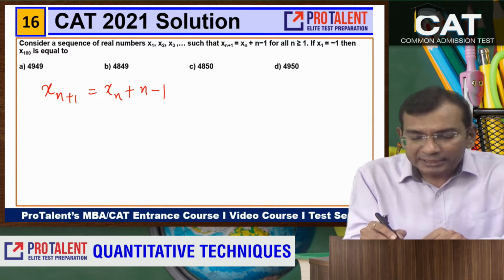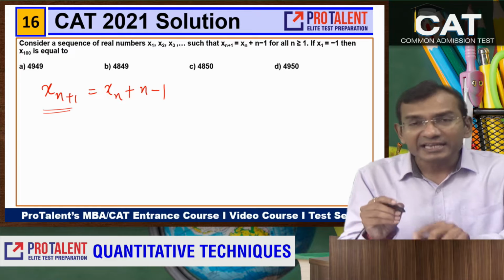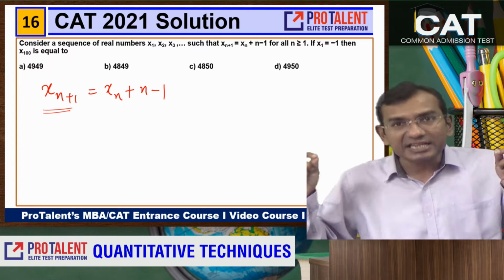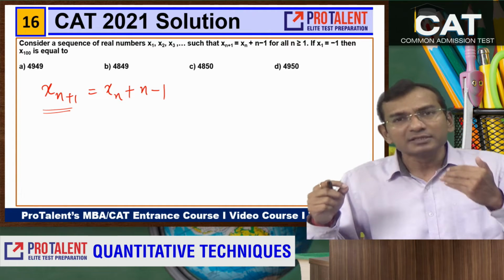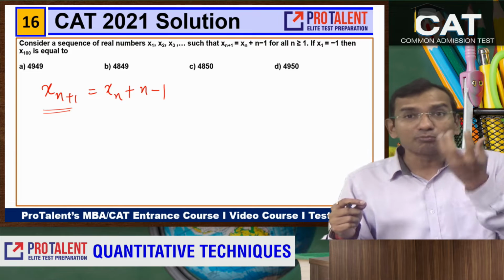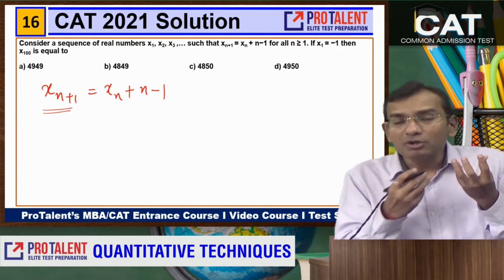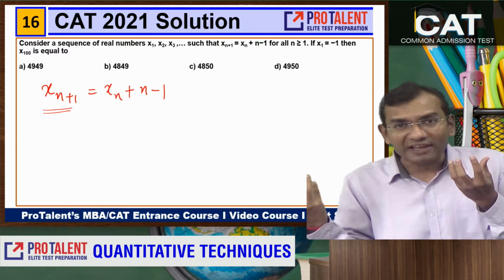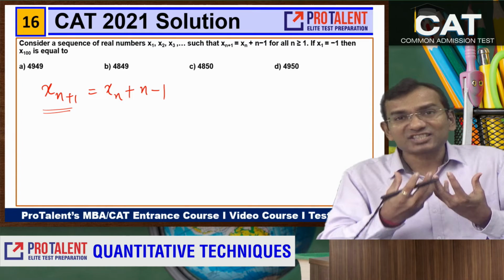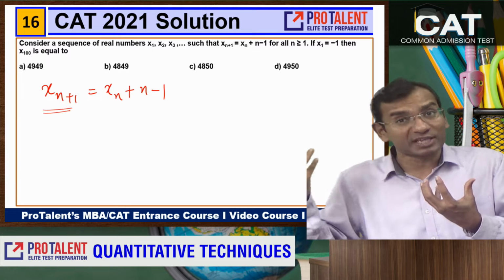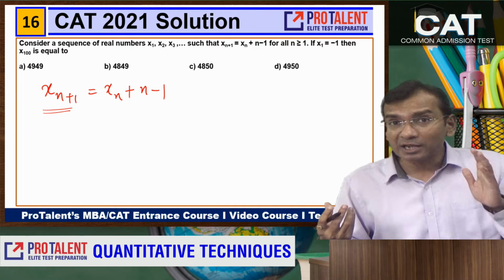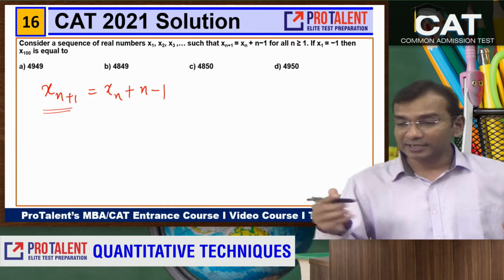Rule number 1: अगर सीरीज में नंबर दिया गया है x1 x2 x3, so जो बड़ा नंबर है that is x2 और x3, x2 should be presented in the term of x1 और x3 has to be presented in the term of x2 and x1. ये फॉर्मेट में ही प्रेजेंट करना हमेशा. ओके, ये ध्यान रखना.